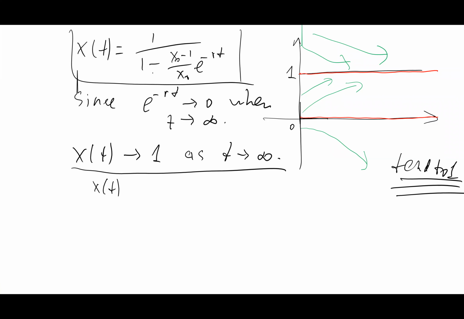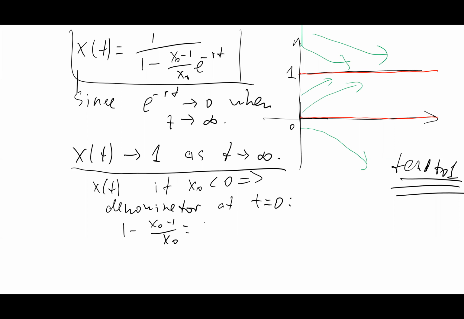So what we see is, when t is 0, let's consider if x naught is negative, then the denominator at t equal to 0 is 1 minus (x naught minus 1 over x naught), which is 1 minus 1 plus 1 over x naught.